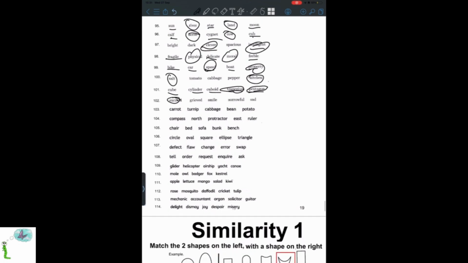Excited, grieved, smile, sorrowful, sad. So how I'd go about this one? Look at the differences. This is like describing something that's being done.